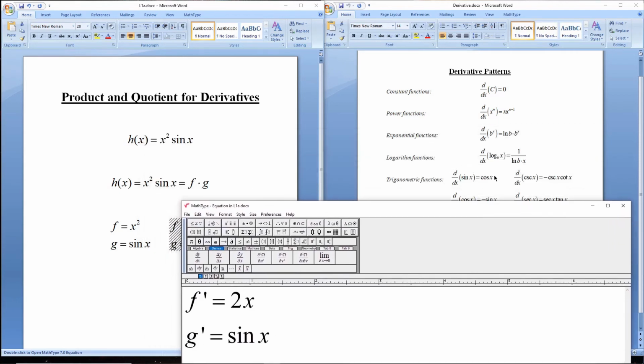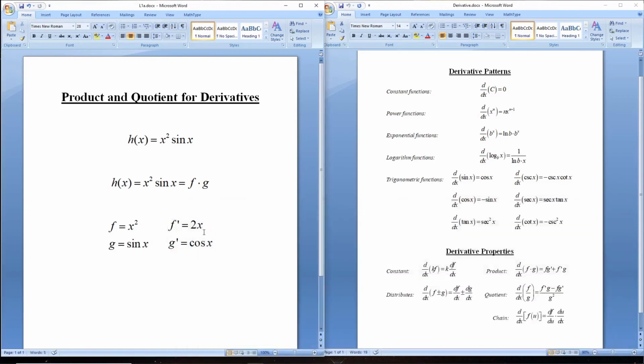Trig function here, derivative of sine is cosine. And these are all four pieces that we will always need for doing product and quotient.